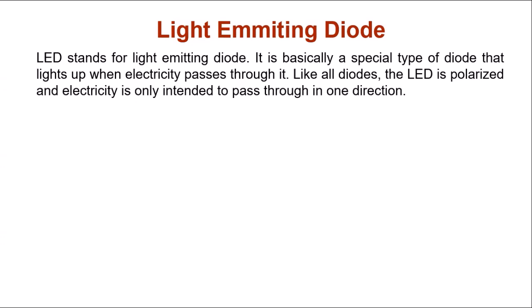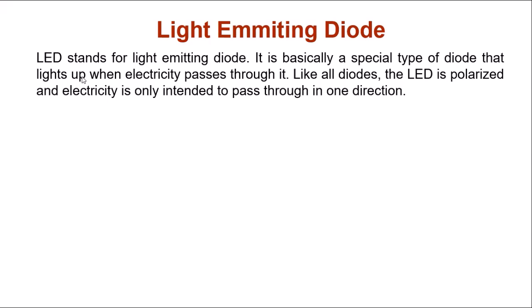It is basically a special type of diode which emits light from its surface when external energy is applied. Again, I am telling you, the LED emits light from its surface when we are electrically charging the LED.